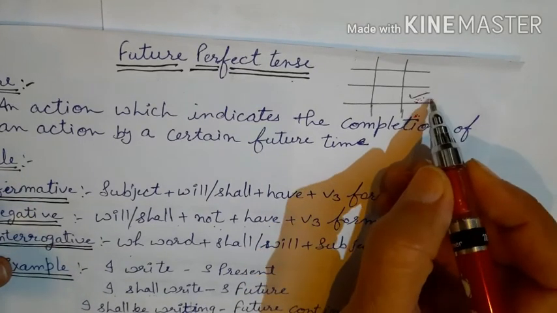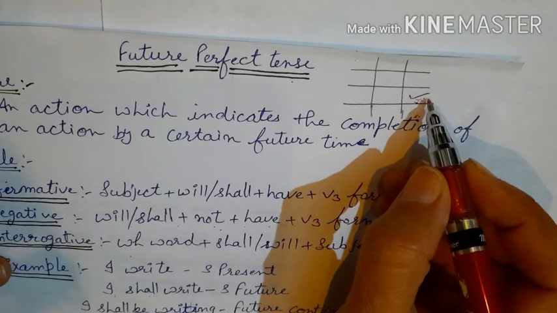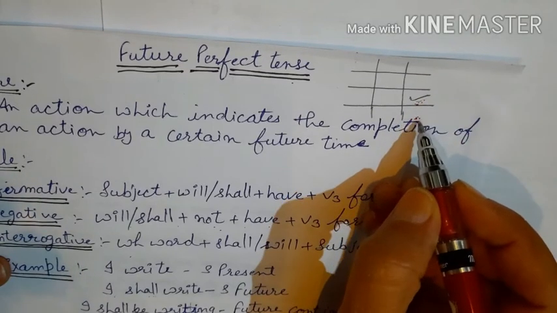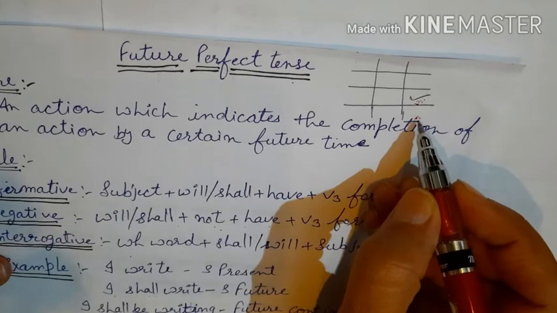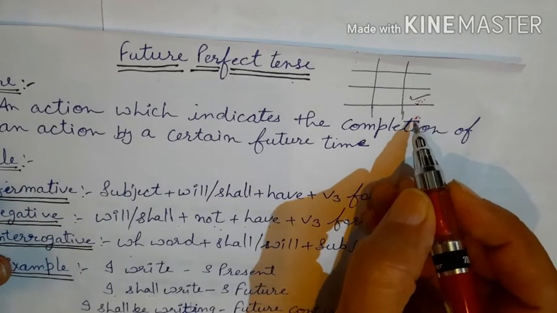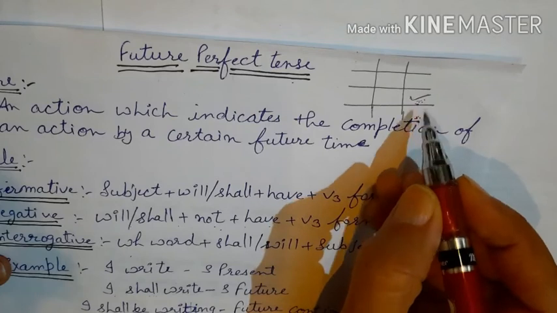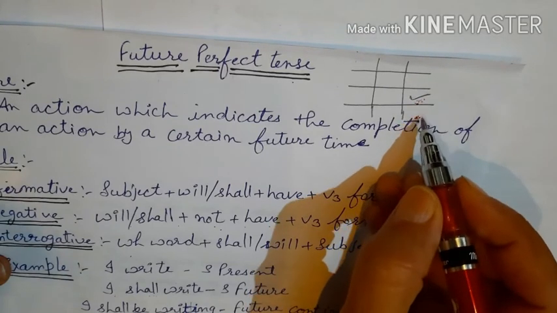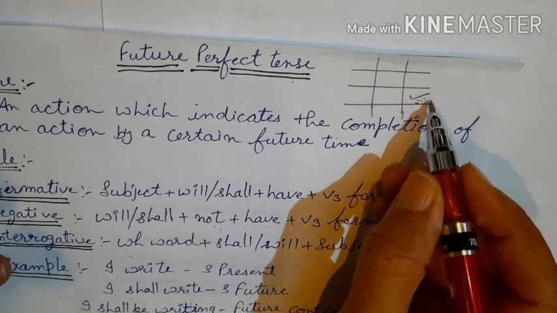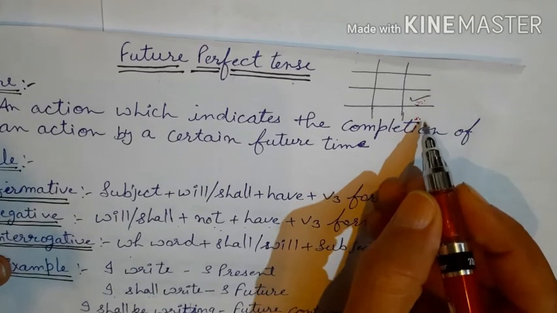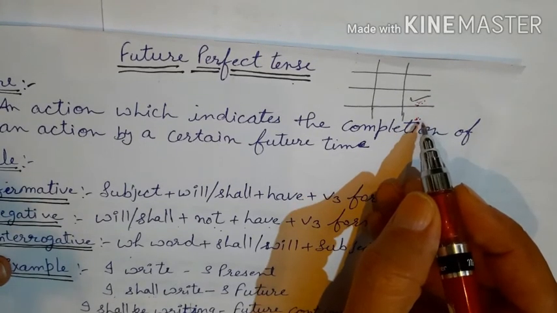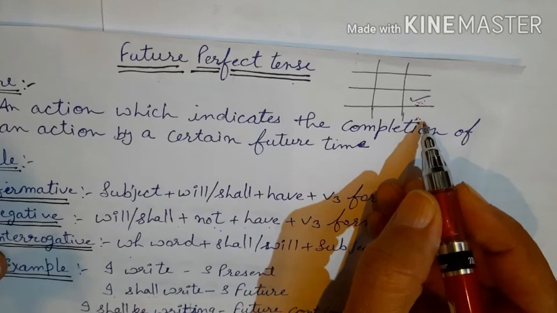When I have said will have taught, it means that after December I am no longer going to teach. And when I am saying will have been teaching, it means I am going to continue teaching in this school after December. So that is a comparison between these two tenses. In this the work would get over, and in this the work would still continue.